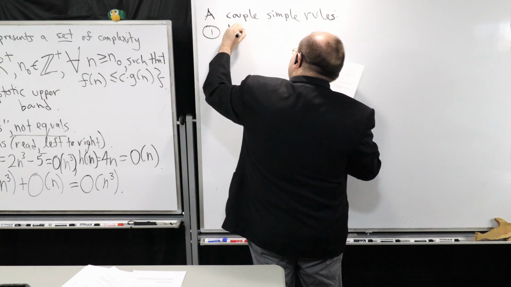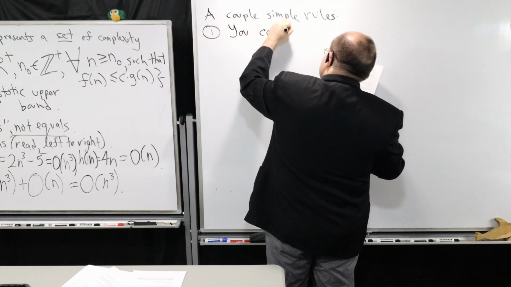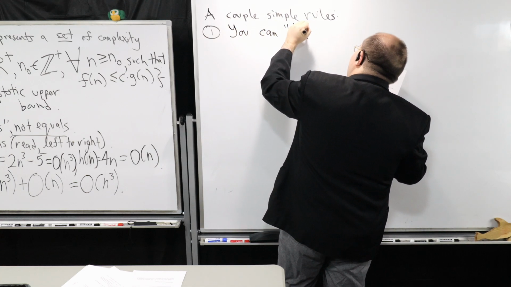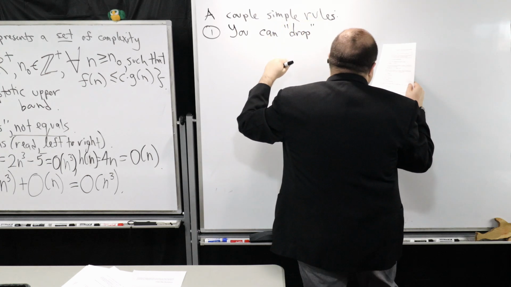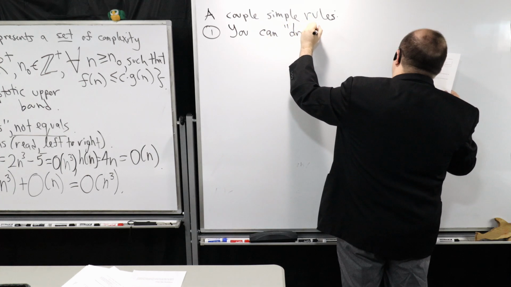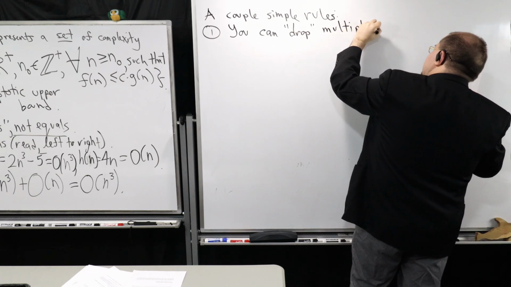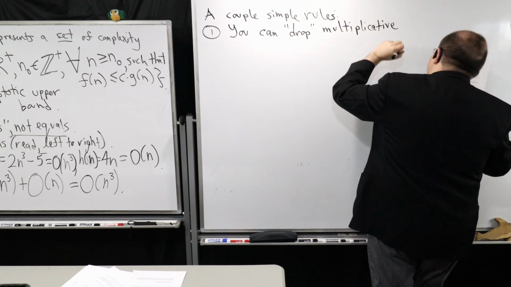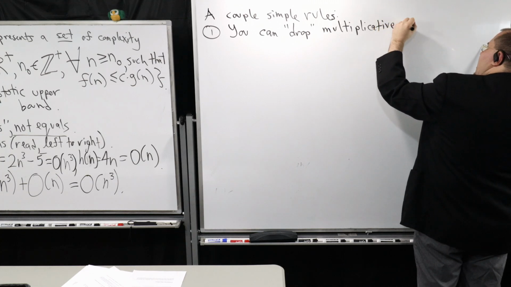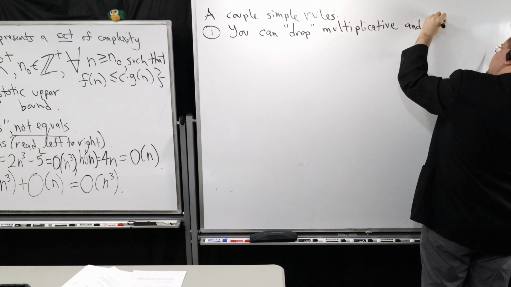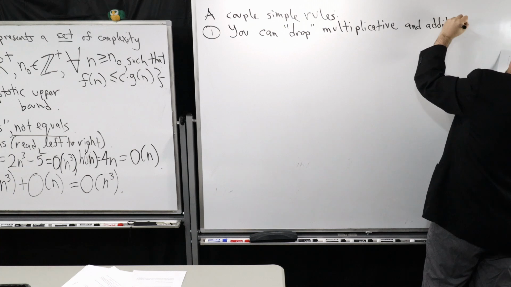So the first one is that you can drop, quote unquote, you can ignore multiplicative and additive constants. I'll give you an example.